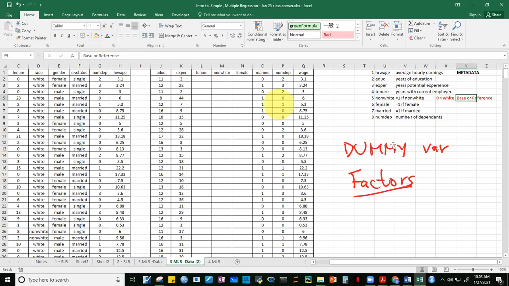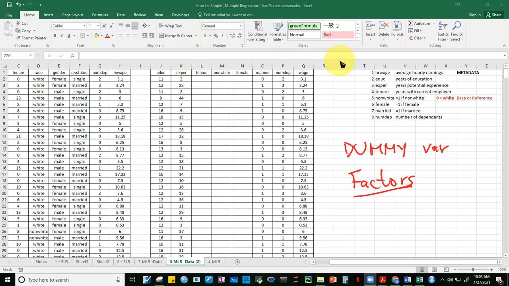Okay, tanong. Ilang factors, guys? Ilang factors si race? Paki-chat nga. How many factors do we have for race? Pag sinabing factors, ilang classifications? Kindly chat, please.